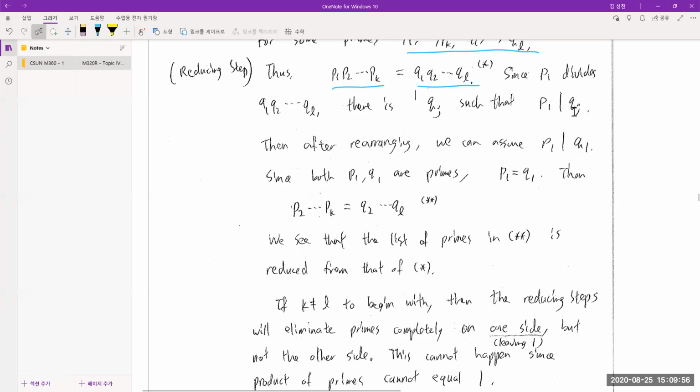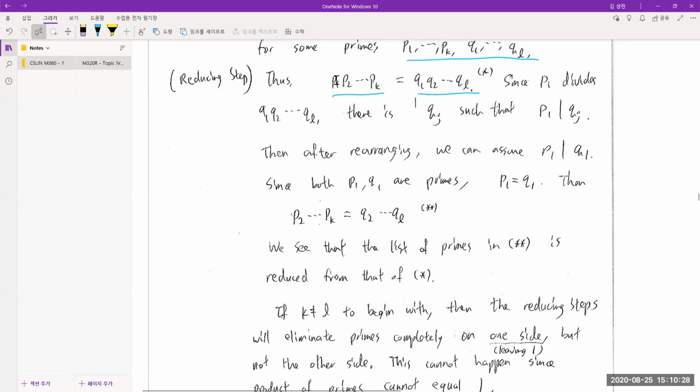So p1 and qj are both prime numbers, but if one of them divides the other, then they must be the same. Okay? So after rearranging the product on the right side and relabeling the qj as q1, we can assume that p1 divides q1, and because they are primes, p1 equals q1.